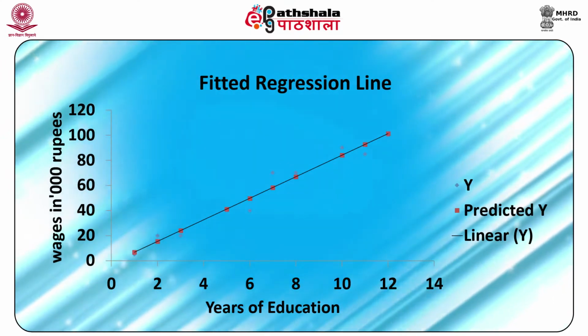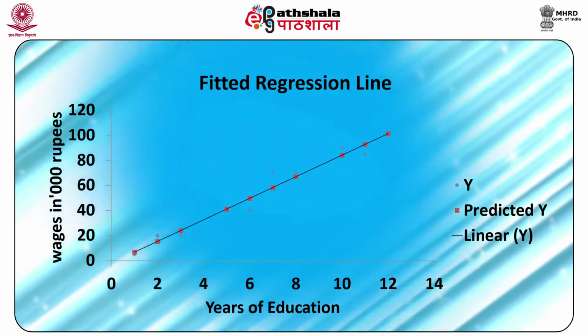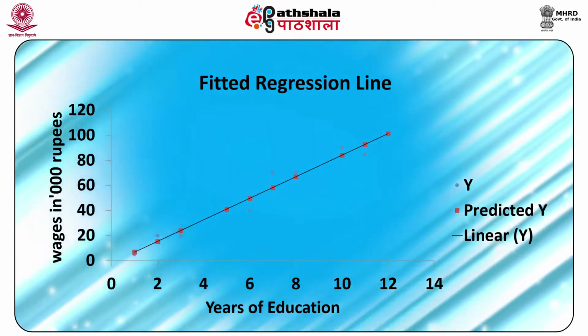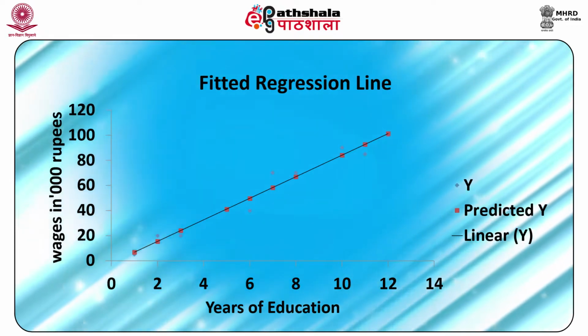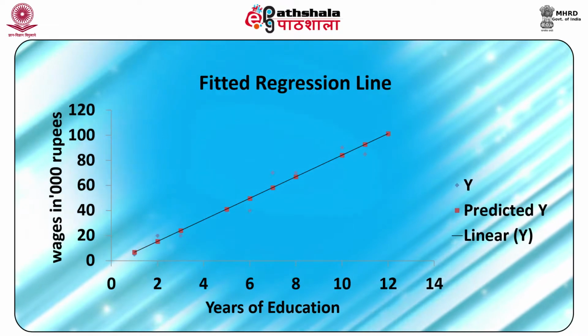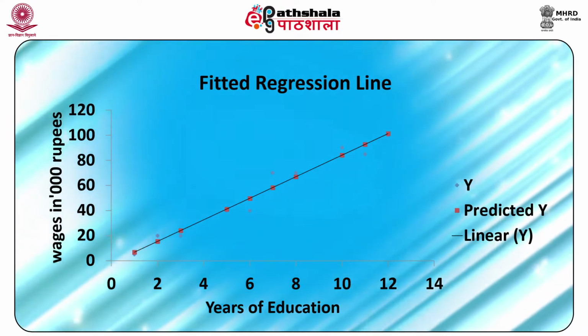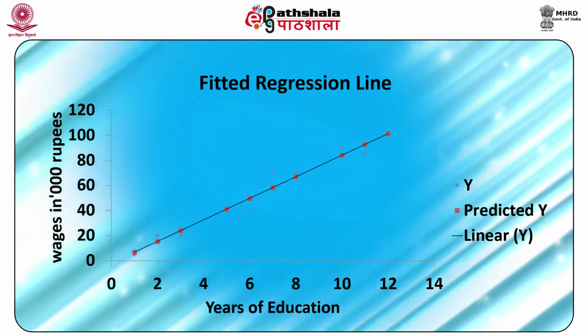This line, where the dependent variable is y and the independent variable is x, is known as the y on x regression line. However, if it were the other way around, with x as the dependent and y as the independent variable, then the regression line would be called the x on y regression line.